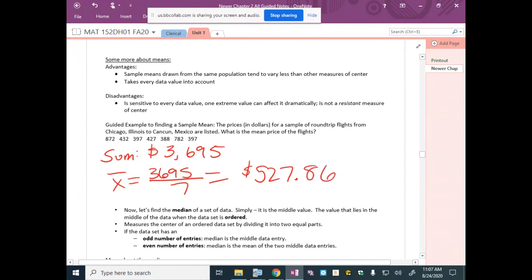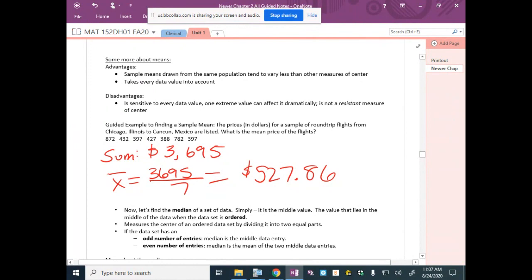Now, hopefully by the end of today, we'll actually be able to figure out all of the ever important measures of center, such as mean. Now, another one is median.